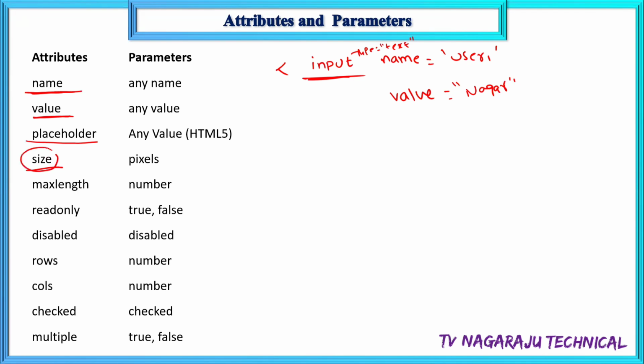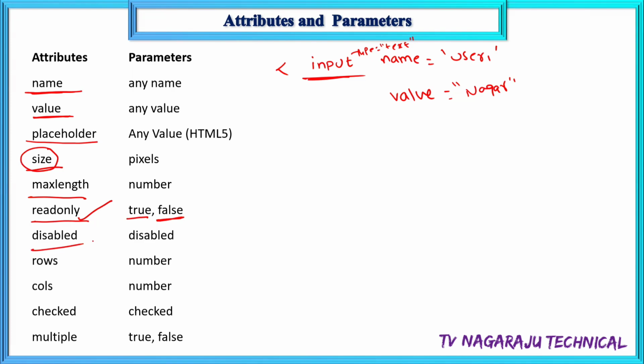Maximum length is how many characters you are allowed in the text box. Read only, by default the value is false, that means you are allowed to change. Read only is equal to true means just for reading purpose, it is not possible to do any modifications.